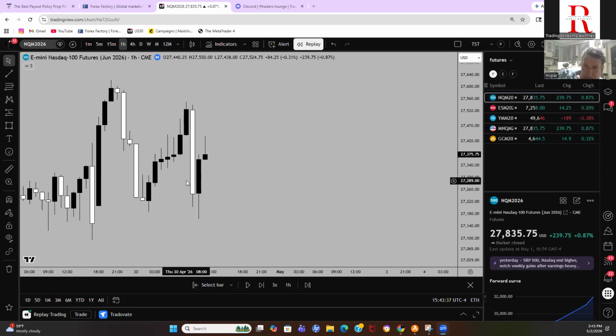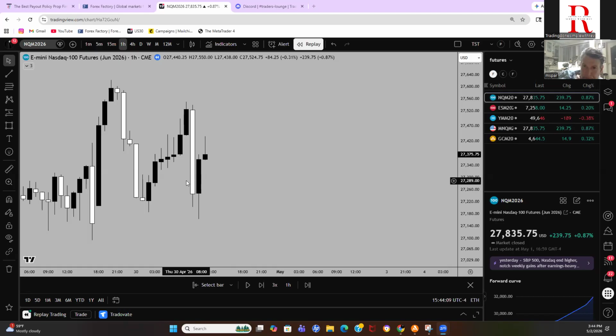On NQ, and this is just experience, it would on average move 100 to 300 ticks. So those are the moves that I'm looking for. My risk is 100 ticks, and I usually go for 300 ticks. It's either 300 ticks or 200 ticks that I'm going for on average.